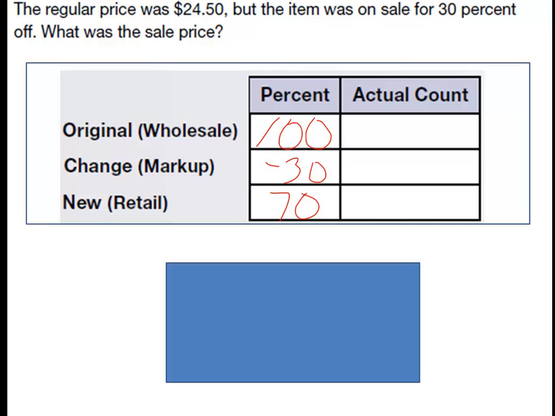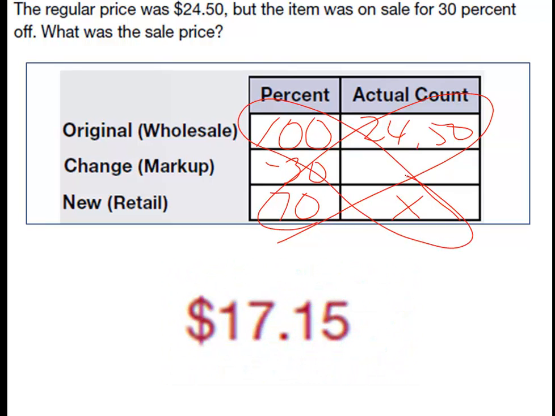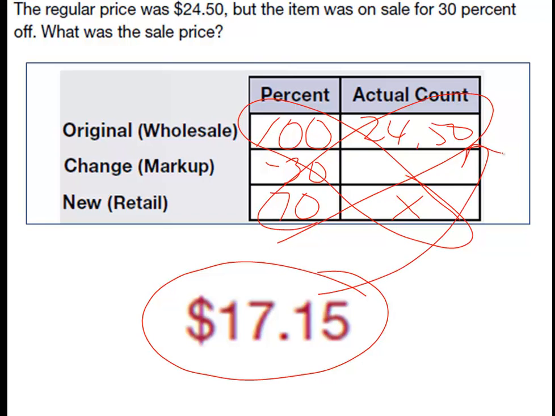If the regular price was $24.50, how much was the sales price? That's what it wants us to figure out. So you've got to do your cross multiplication and divide by 100. Hopefully you did that and came up with $17.15. And you should have had a lower answer because it's 30% less than the original price.